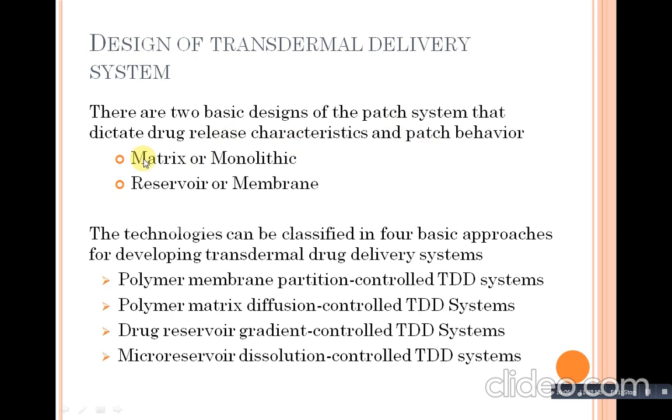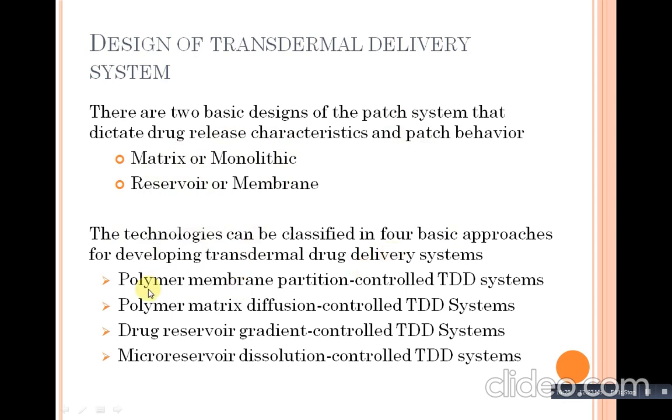That is the matrix system, also called a monolithic system, and the reservoir system, also called the membrane system. There are various technologies of designing patches based on these two principles, or sometimes a combination of these two.